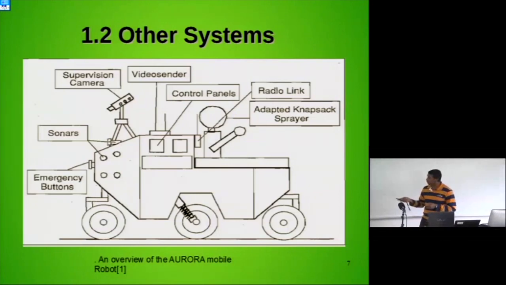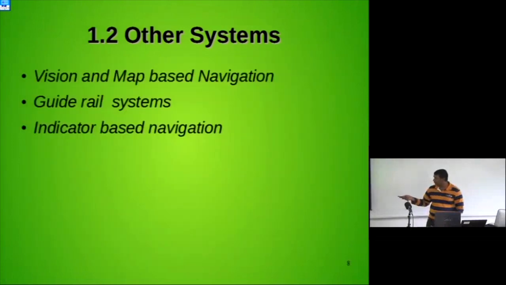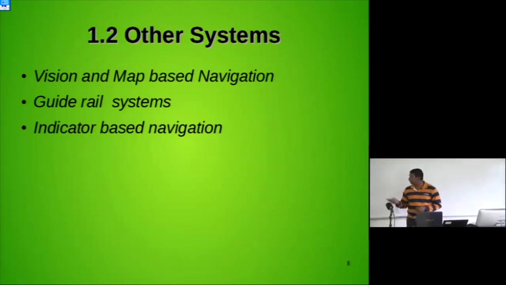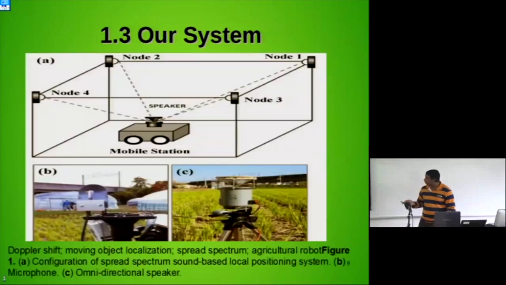And this system works. And there's another system which uses a guide rail system, the rail system here, and uses an indicator-based system where we place different indicators in the path so the robot can know where it is.